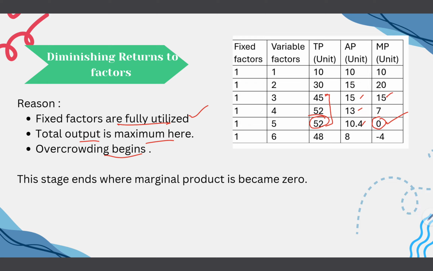Efficiency and coordination will break down. So that is also a cause of the diminishing returns. And the stage ends where the marginal product is 0.